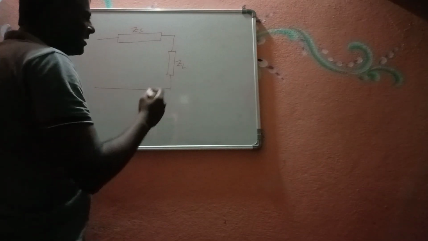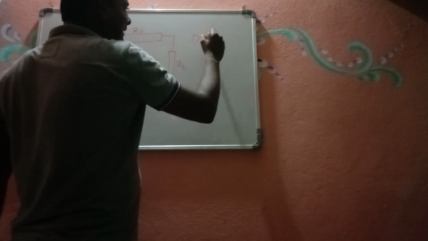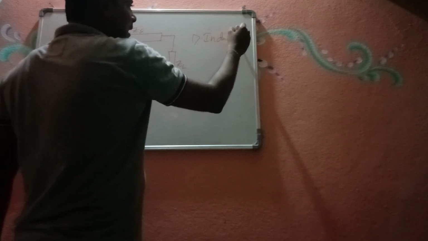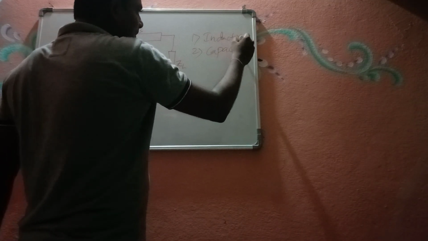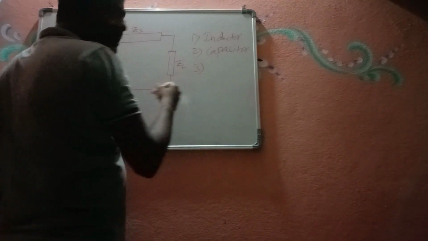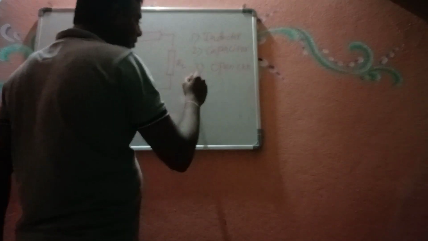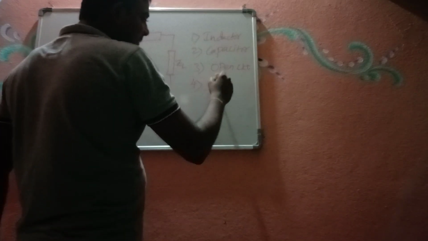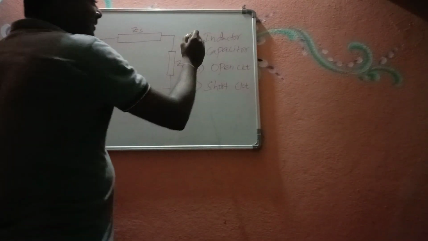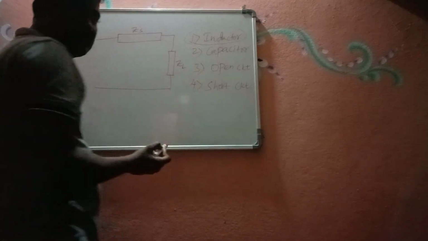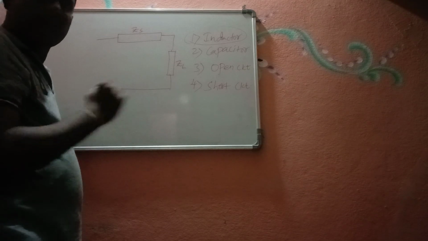Those different situations are: one, when the line is terminated by an inductor; the second, when the line is terminated by a capacitor; the third, when the line is terminated by an open circuit; and the fourth, when the line is terminated by a short circuit. When the line is terminated by an inductor, the inductive reactance, which is the load impedance, is not equal to the surge impedance of the line.